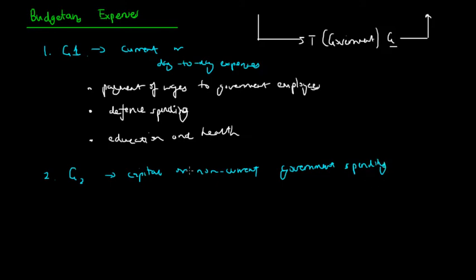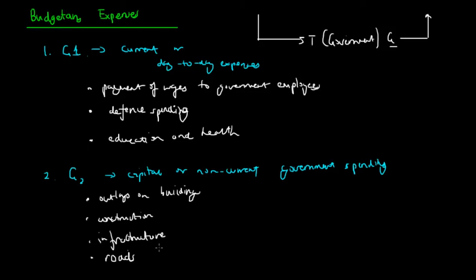So non-current expenditure includes outlays on buildings, construction, infrastructure, roads, and plant and equipment.